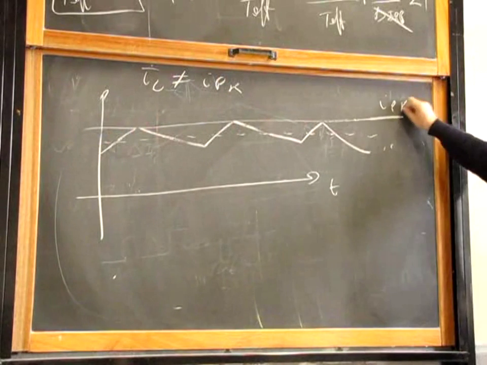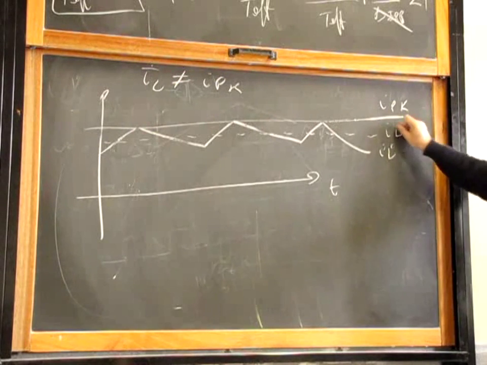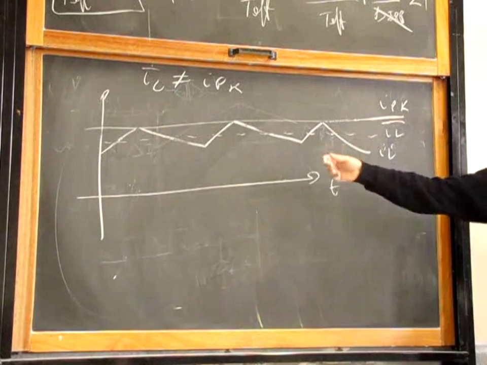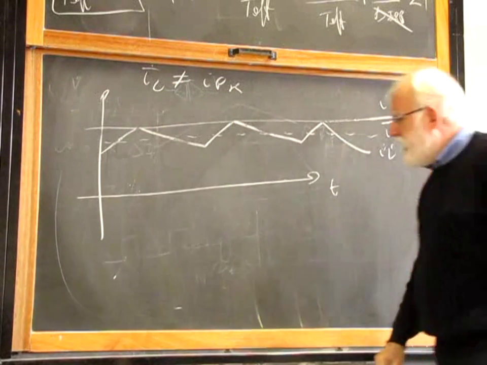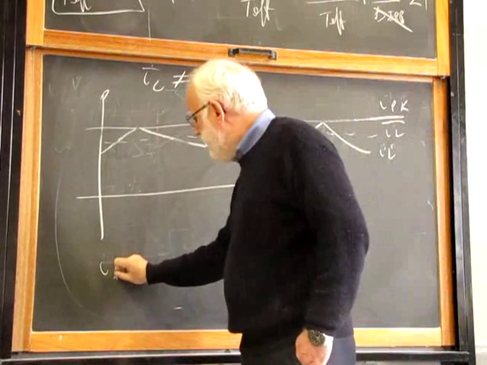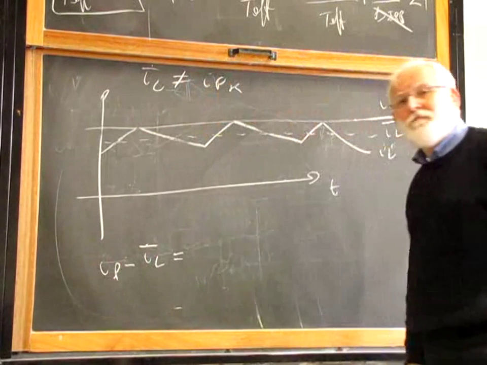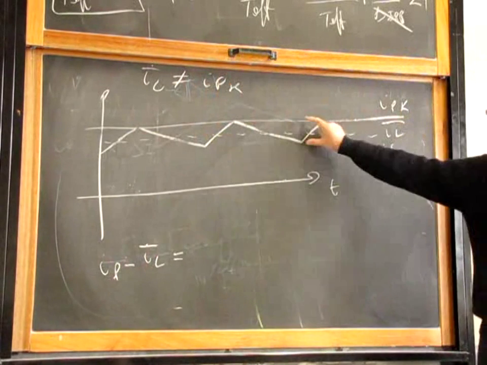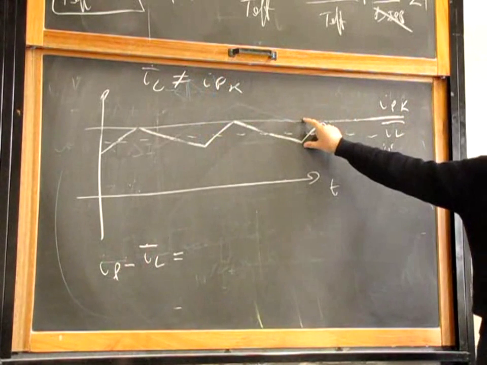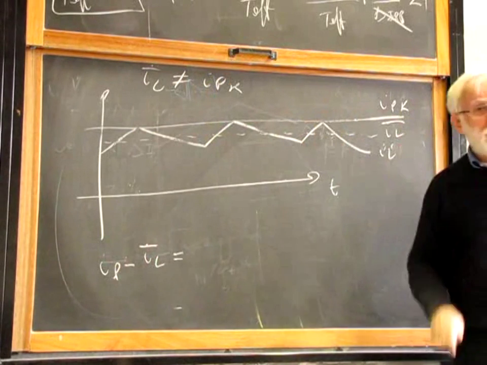This is I peak, this is IL, and this is IL average. It's everywhere different. And I can write that I peak minus IL average equals 1/2 of this ripple.